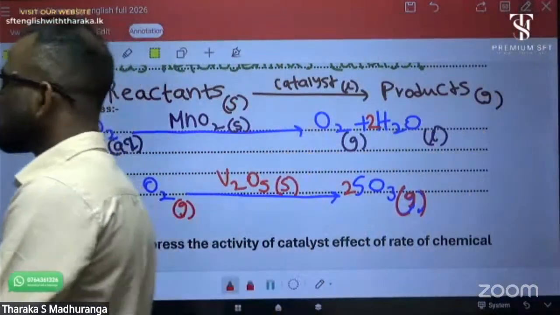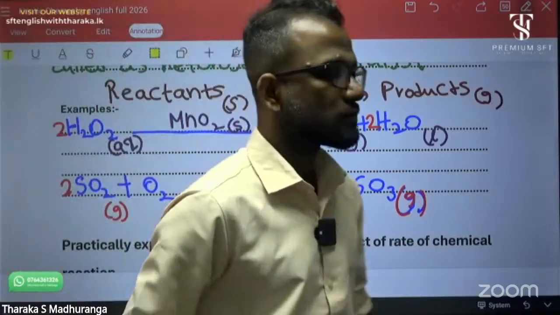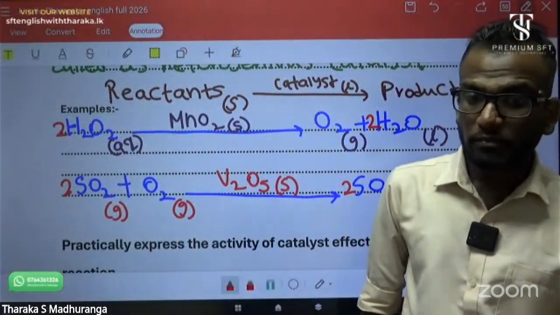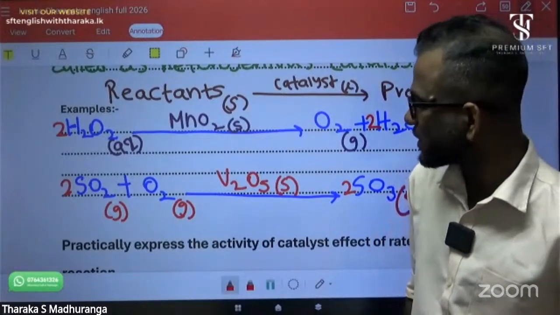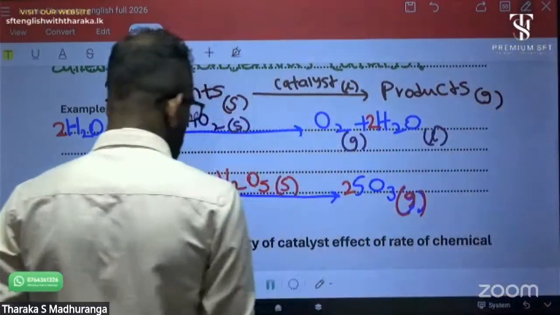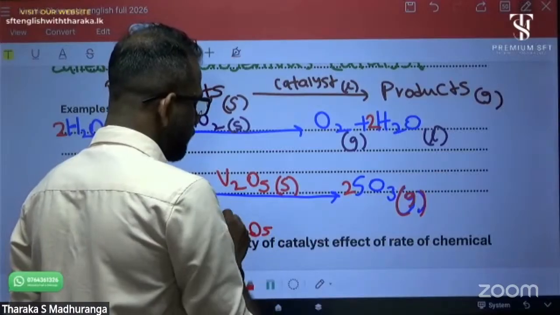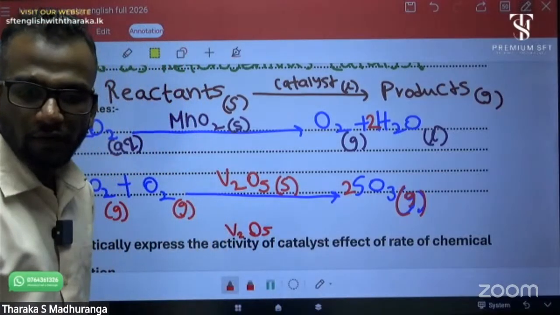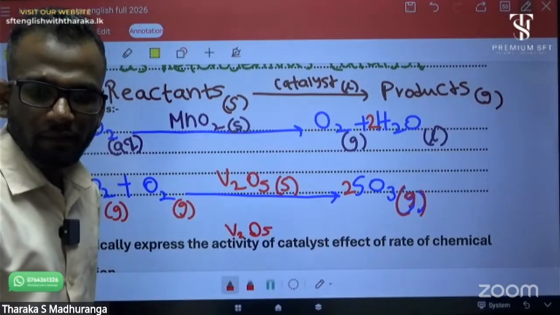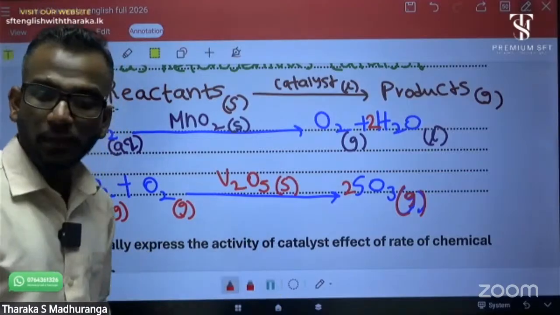V, we mean vanadium. 5 O's mean pentoxide. Yeah, very good.